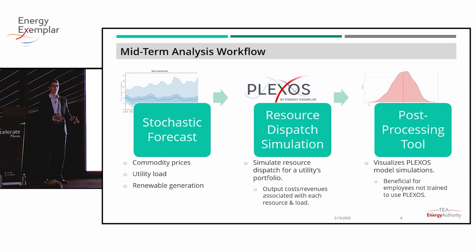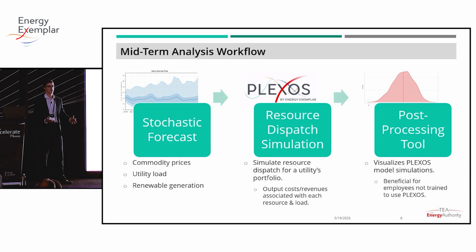Generally for midterm analysis, we're running a PASA, an MT schedule, and an ST schedule. For each of these stochastic draws that we're using, we'll create a unique forced outage draw for each of those simulations. And then the last step here is post-processing.